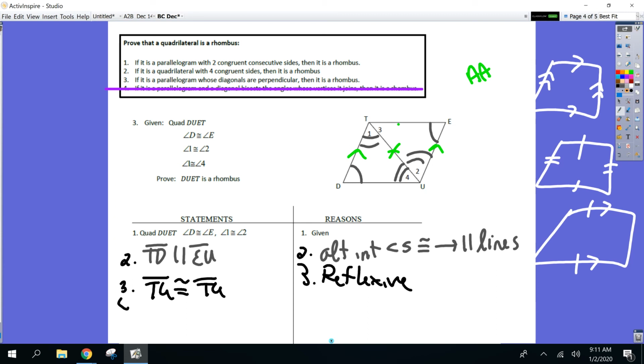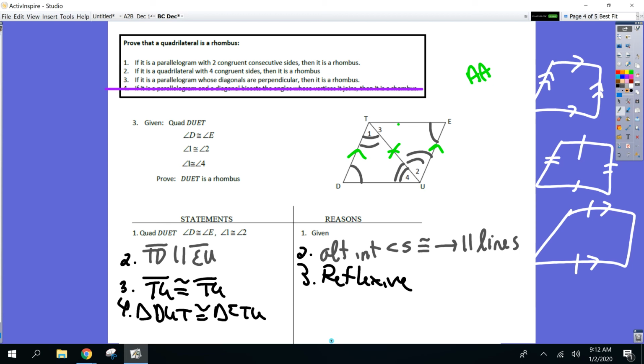The triangles are congruent. Triangle DUT congruent to triangle ETU. I already gave that away, but is that side in the middle or not? Be careful. You got to know what angles we're talking about.